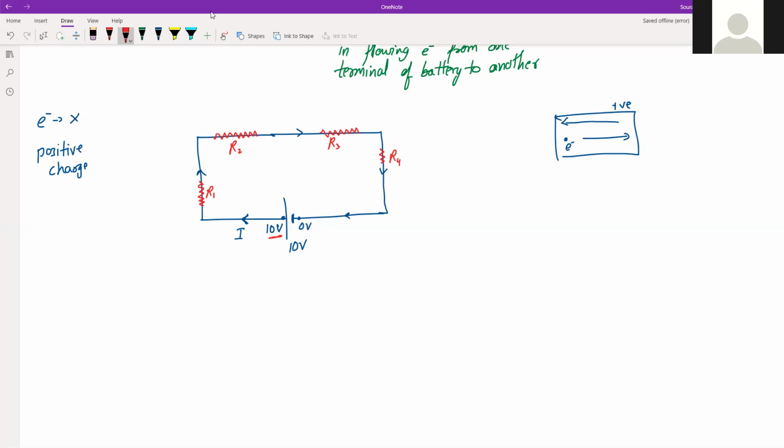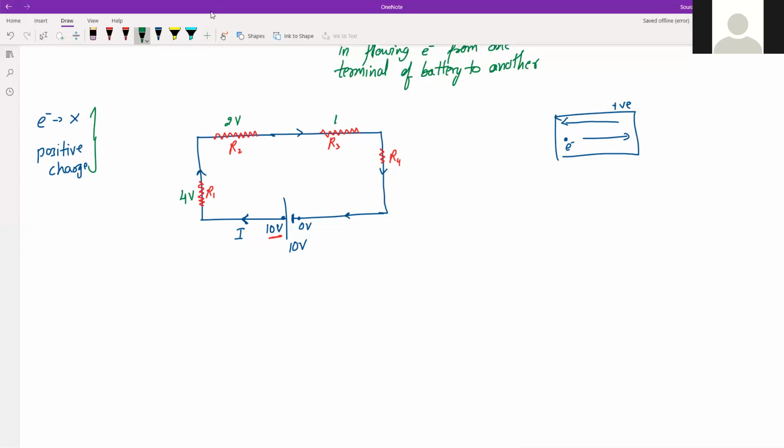They will have different capacities, so in order to cross a resistor, some amount of energy will be required. Instead of energy, we'll say in terms of potential, something will be consumed out of the 10 volts. Suppose here the consumption is 4 volts, here 2 volts. So 4 plus 2, 6 volts have been consumed.